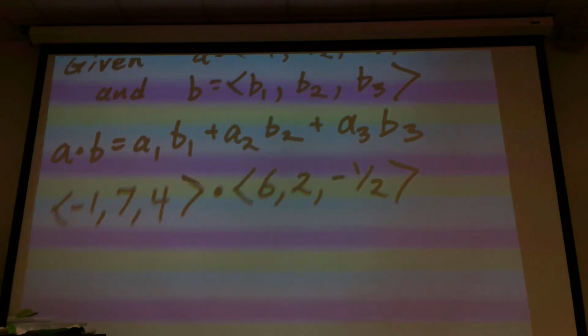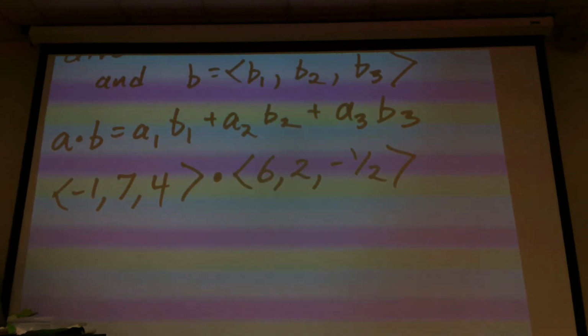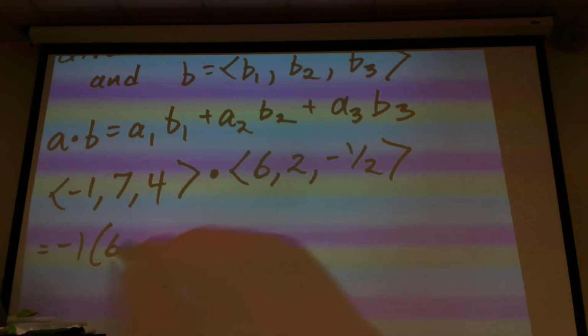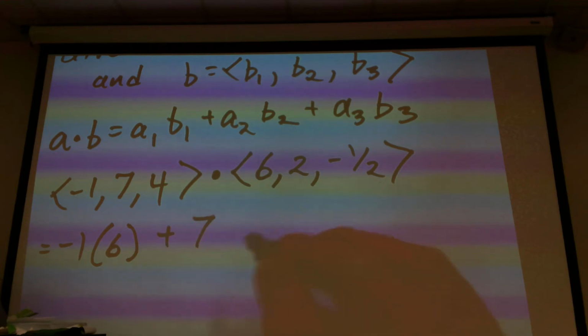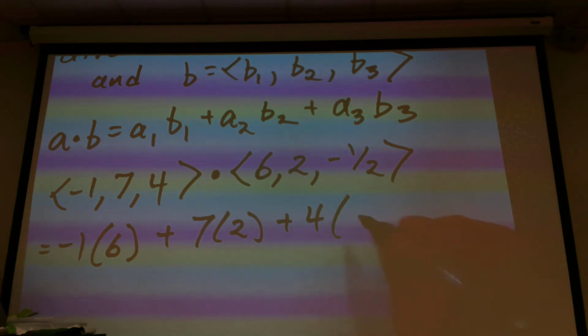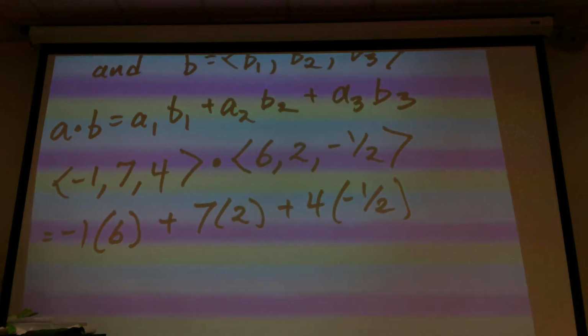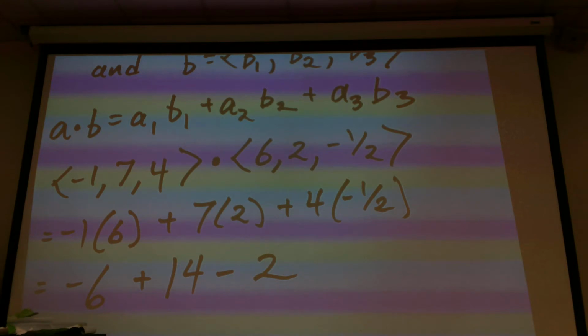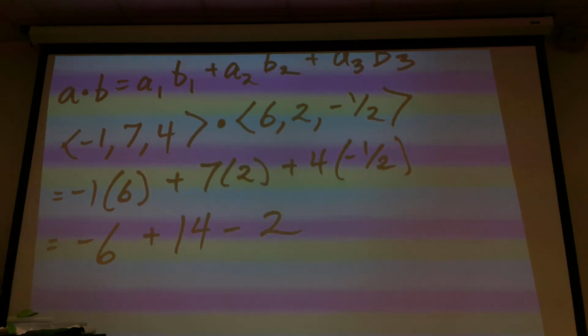So that's going to equal -1 times 6 plus 7 times 2 plus 4 times -1 divided by 2. That's going to come out to -6 plus 14 and then -2. -6 and -2 comes out to be -8, and then -8 plus 14 is going to give us a +6.